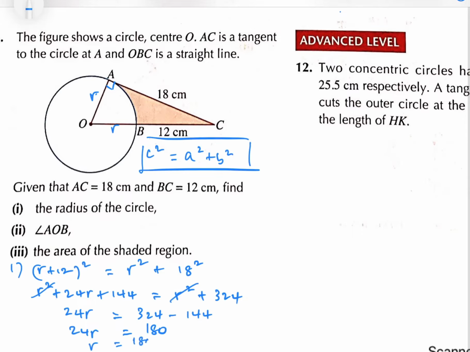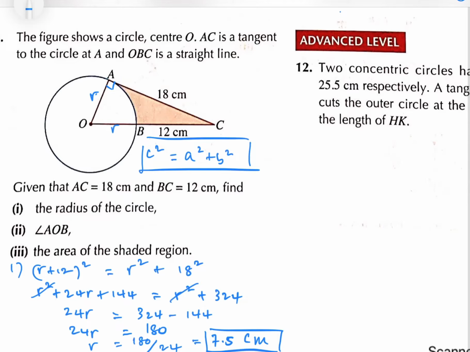So R is equal to 180 over 24, giving us an answer of 7.5. So our radius is 7.5 centimeters.